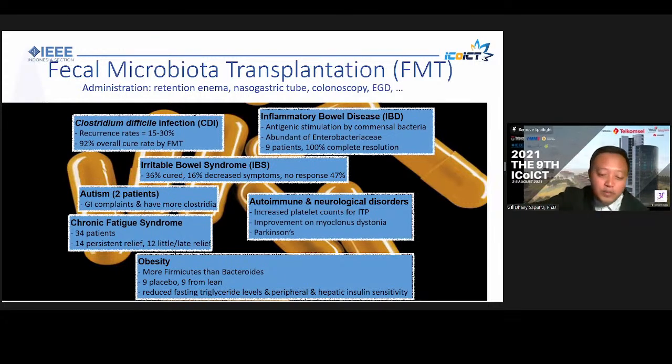The obese mice had their gut cleaned, and they put lean mouse feces inside, and the mouse is not obese anymore based on this experiment. So it could be used for humans, but it's not allowed yet until now.